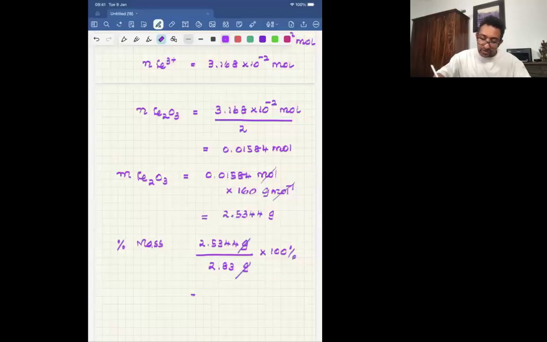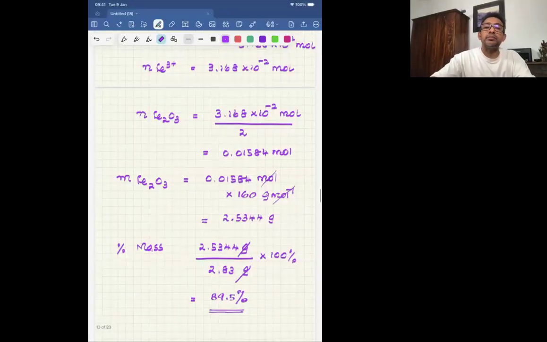Grams and grams cancel out. 2.53 divided by 2.83 gives 89.5 percent. Is it clear? Did you understand that part? It's a kind of lengthy calculation.